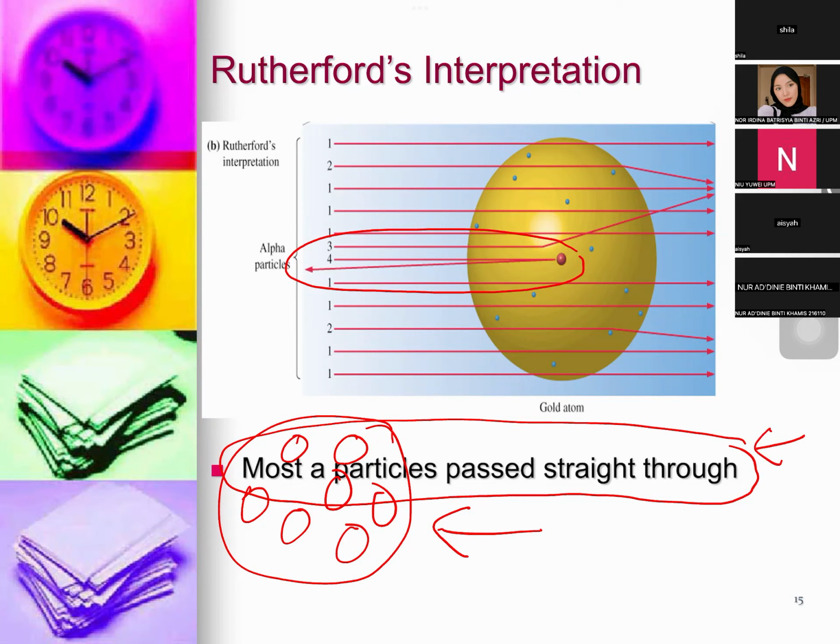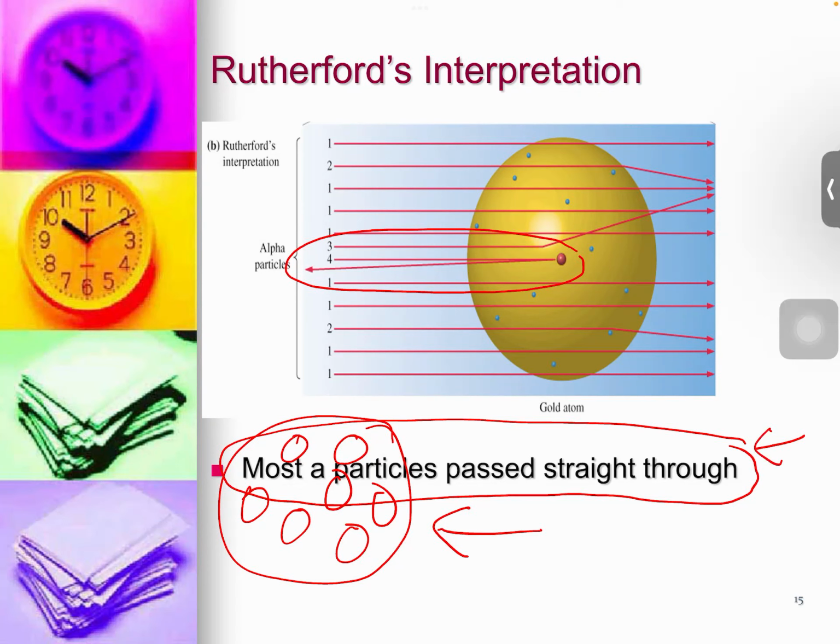This is the key point: most pass through. So the conclusion is, if the J.J. Thomson model is correct, then we should see a lot of alpha particles being deflected back. So this proves that there's something wrong with the J.J. Thomson model.